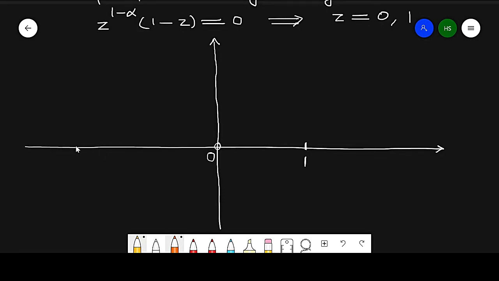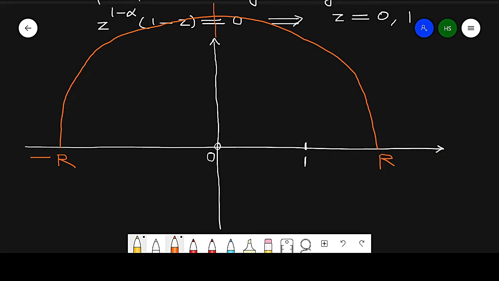Taking a semicircle, this is 1 and this is minus 1, a semicircle of this kind of radius r. It means this value is minus R and this is equal to capital R, so we have a half circle of radius R.